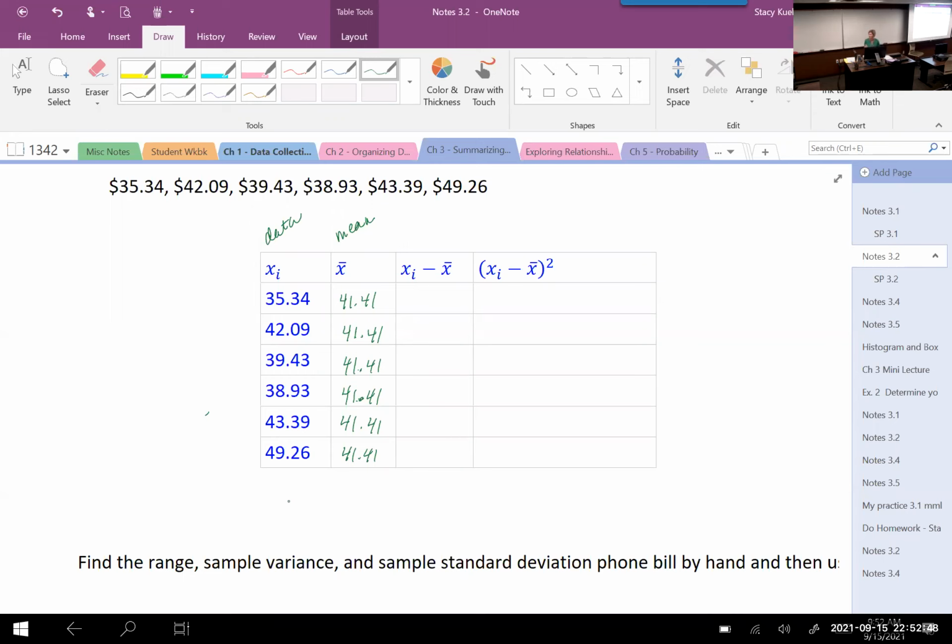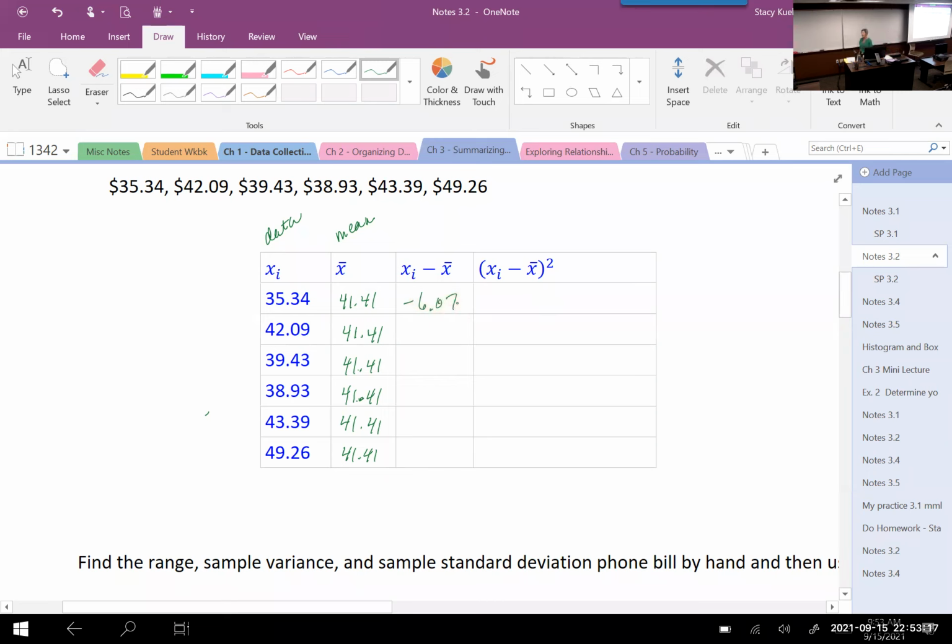Order matters in subtraction. So I'm going to take my data point in this column and subtract from it 41.41, for each of these 6 values. So when I take 35.34 in my calculator minus 41.41, I should get a value of negative 6.07.